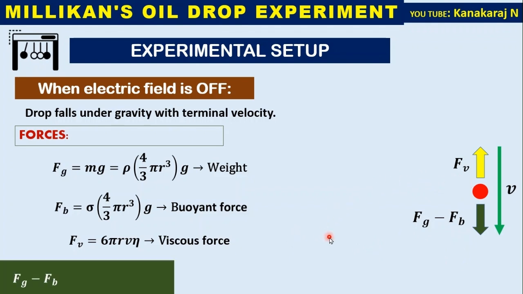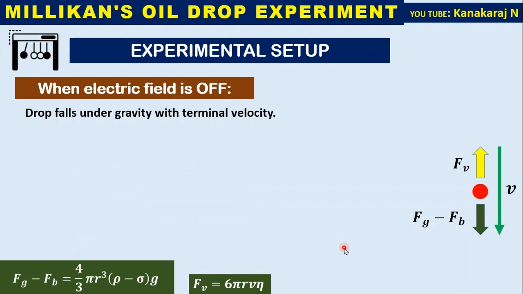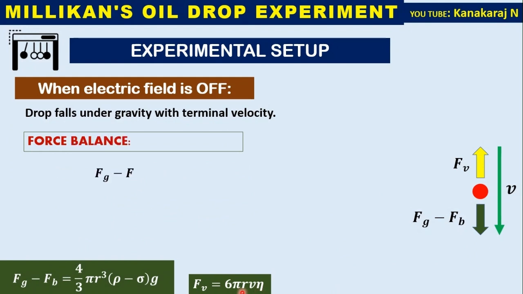The apparent weight Fg minus Fb equals 4/3 pi r cubed (rho minus sigma) g. The viscous force Fv equals 6 pi r v eta. So the force balance is: 4/3 pi r cubed (rho minus sigma) g equals 6 pi r v eta.